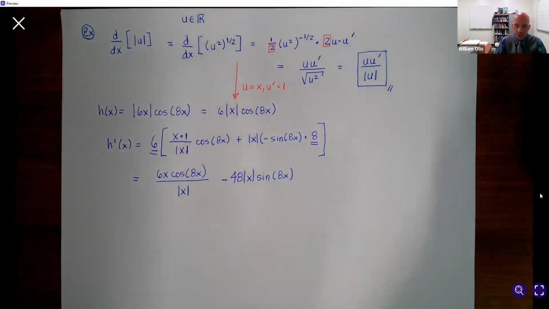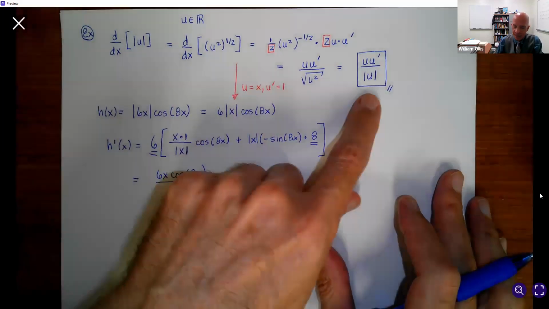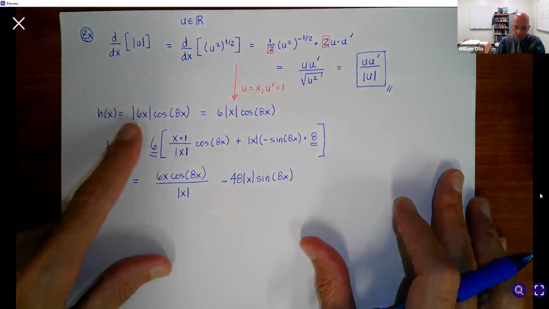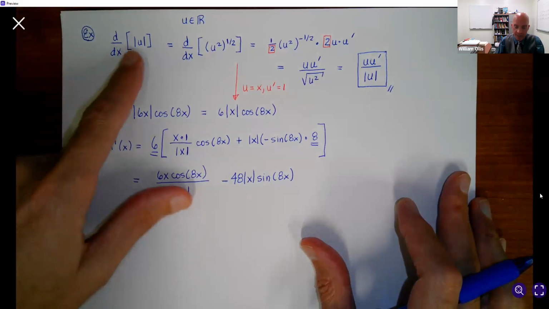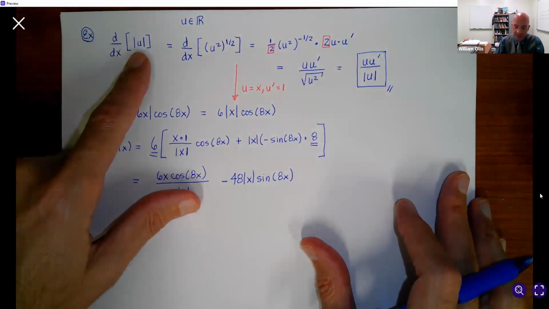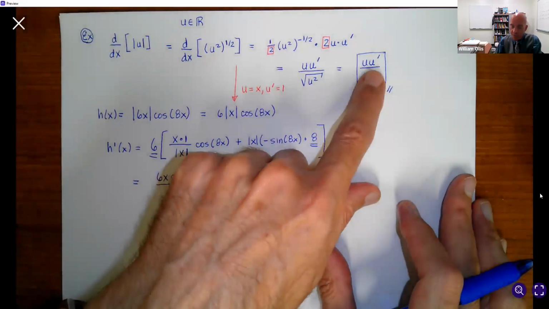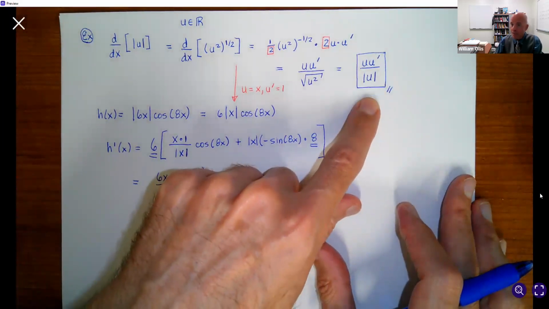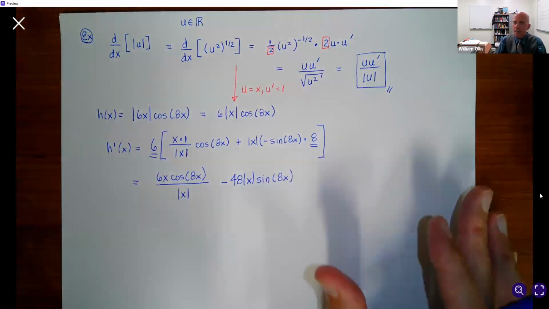So if you keep this as a formula, then you can address it right away. That is, the derivative with respect to x of the absolute value of u is u times u prime divided by the absolute value of u, which again is convenient.